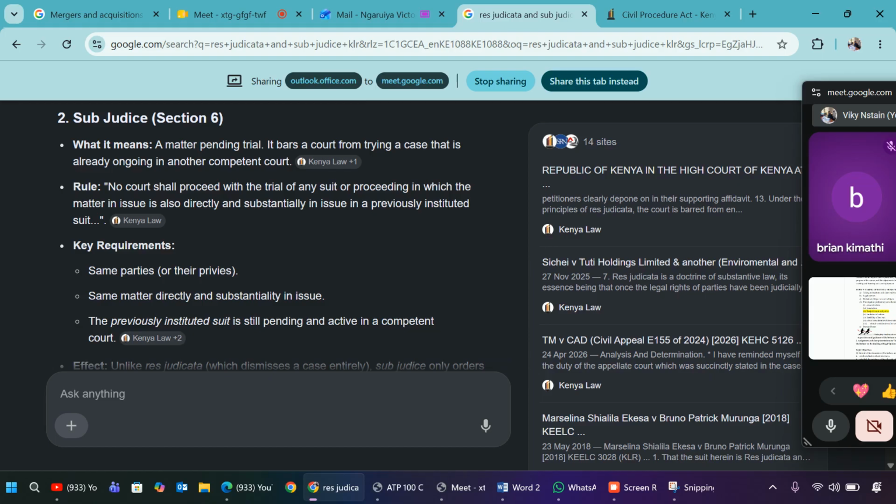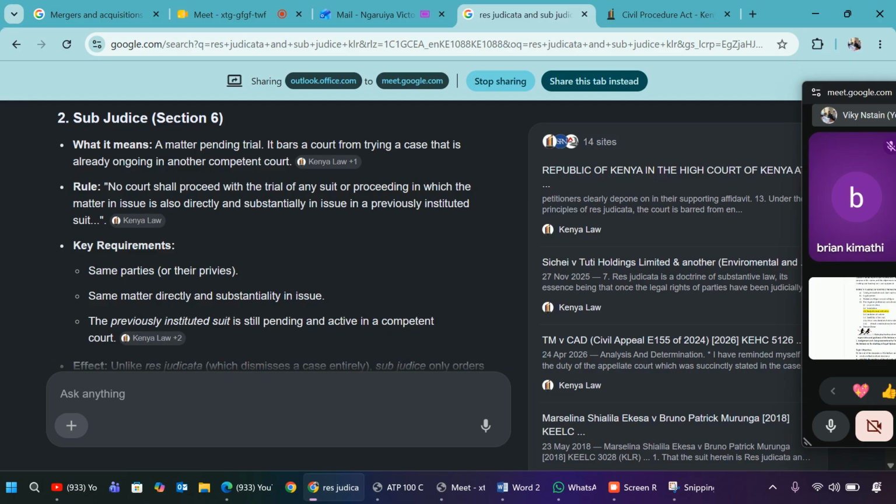But now another rider that I also wanted to focus on is where we have a matter that has been dismissed for want of prosecution. If the matter is dismissed for want of prosecution, if you refile that matter, that will be res judicata, unless you set aside the judgment or the ruling that dismissed that matter.